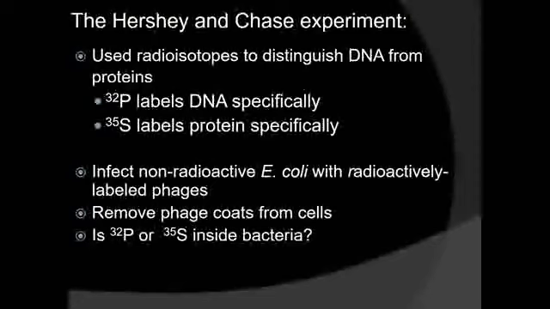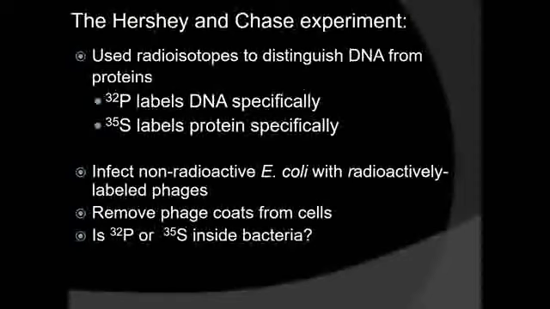In order to distinguish these two, they used the radioisotopic forms of certain elements. For example, the proteins contain sulfur, which is absent in DNA, and DNA contains phosphorus, which is absent in proteins. So they labeled DNA with radioisotopic phosphorus, and they labeled protein with radioisotopic sulfur.